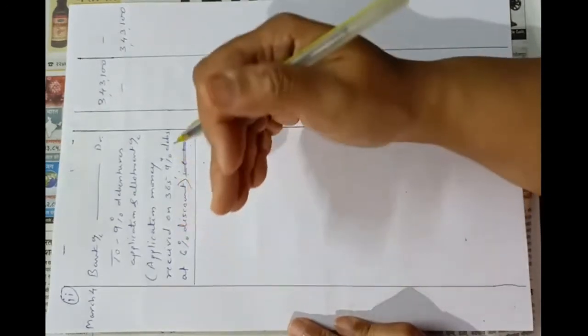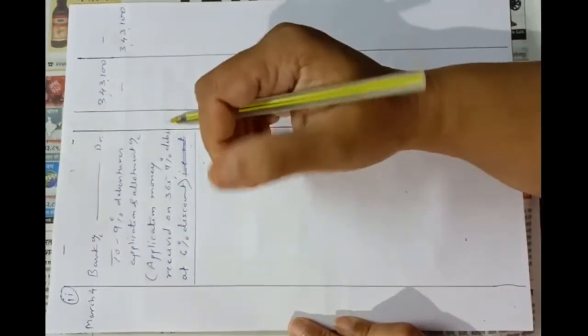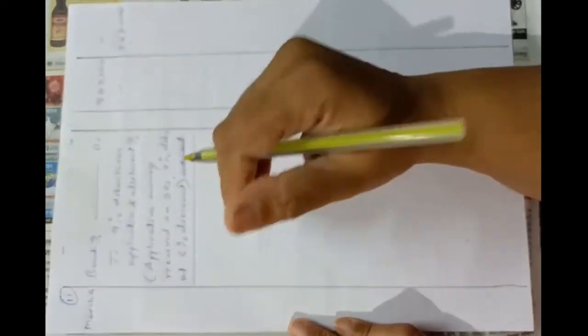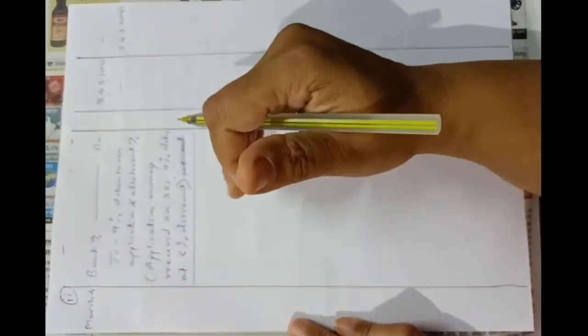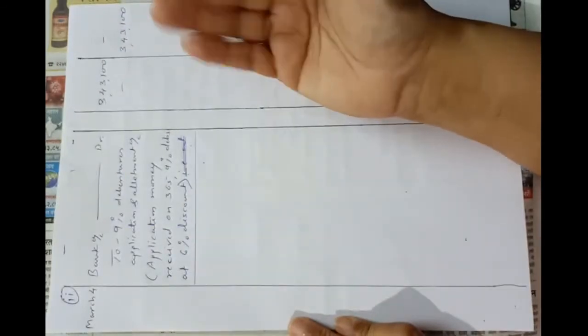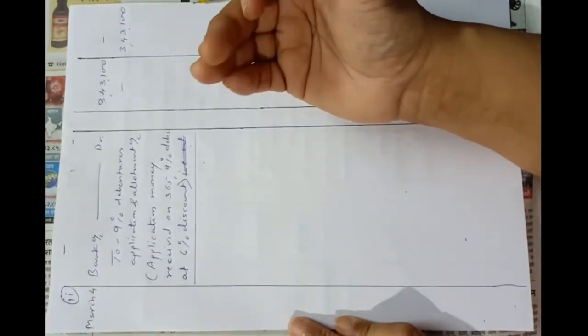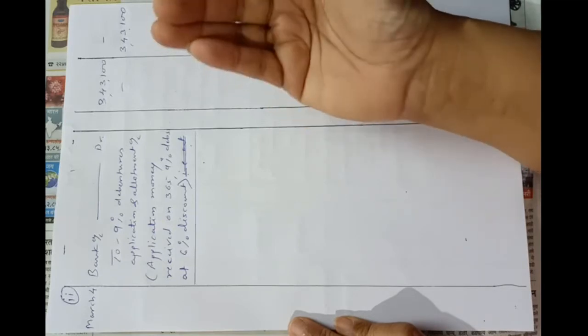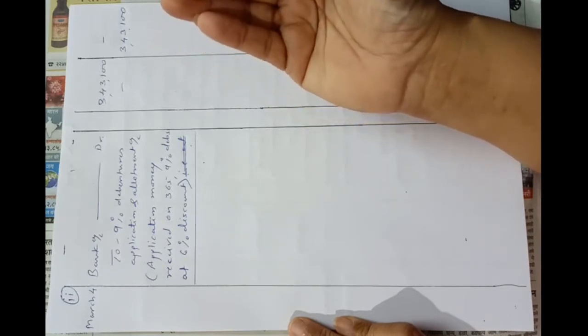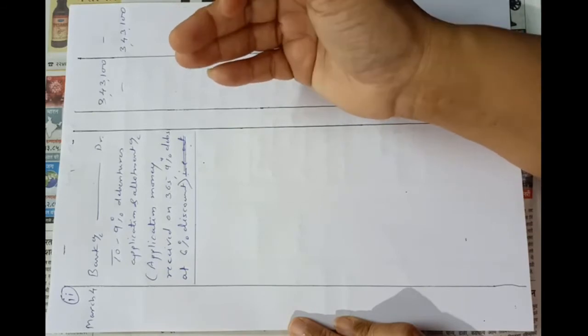Second entry will be, now here there is double loss because these debentures were issued at discount, that is less than face value, and they are redeemable at 5% premium, means 5% amount more than its face value, that is 50 rupees more than its face value, that is for 1050. So there is double loss.